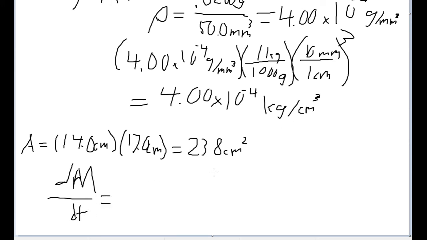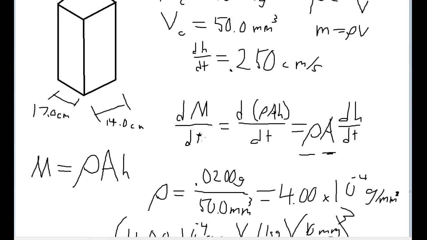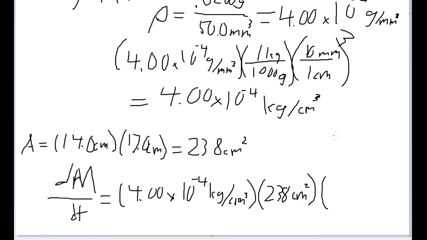So first the density, which of course we found as 4.00 times 10 to the negative 4th kilograms per cubic centimeter, times the cross-sectional area, 238 square centimeters, times the change in height with respect to time, which is 0.250 centimeters per second.